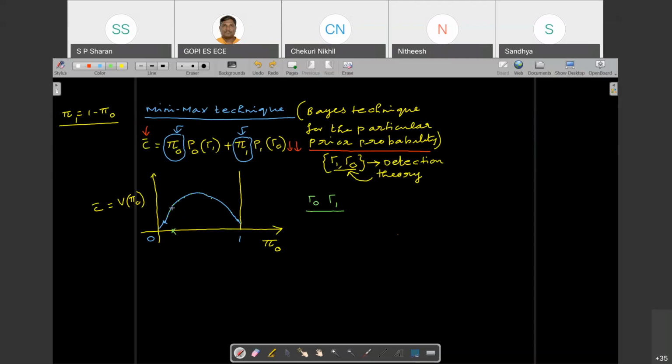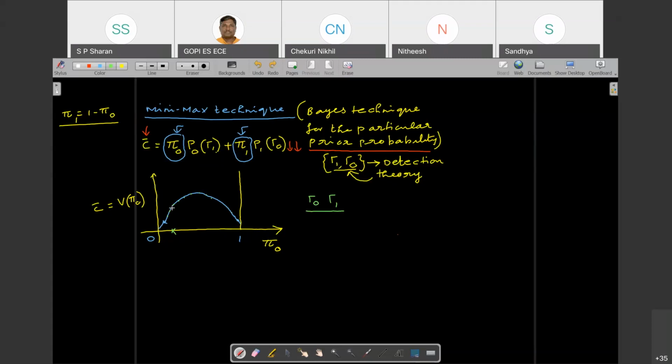But now what is happening is that your prior probability in real time is not going to be this pi reference. It is going to get deviated from this. So now what is that cost? Remember that you have already designed this Bayes rule. It means that your gamma naught and gamma 1 is fixed for a particular pi reference.